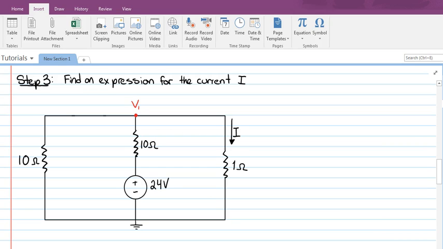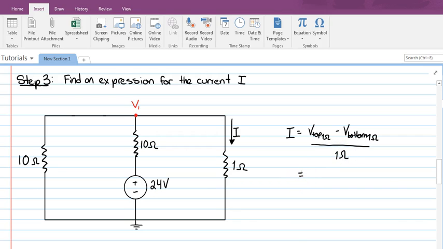Now we'll take a look at this current. This current is flowing through this 1 ohm resistor, and it's flowing from top to bottom. So applying Ohm's law, the current I is equal to the voltage at the top of the 1 ohm resistor minus the voltage at the bottom of the 1 ohm resistor, divided by that 1 ohm resistance.